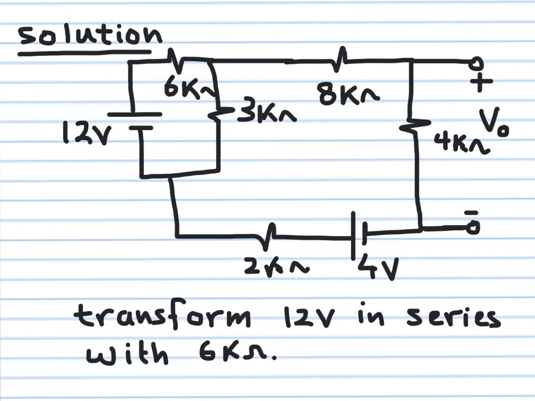By doing so, I will end up with only one loop in the circuit. Okay, so let's see how we're going to do that. So 12 volts in series with 6K, the current value is 12 divided by 6K, which is 2 milliampere, and it's in parallel with 6K. Let's see this step.